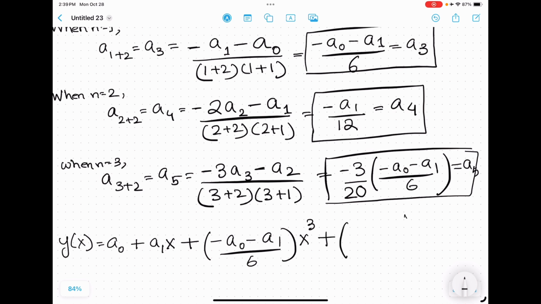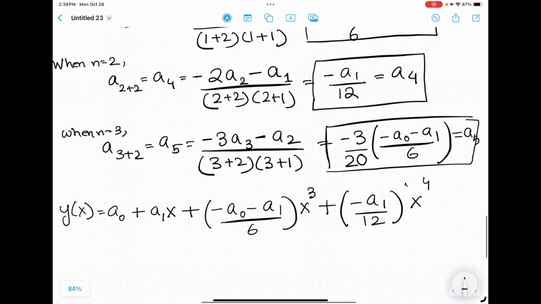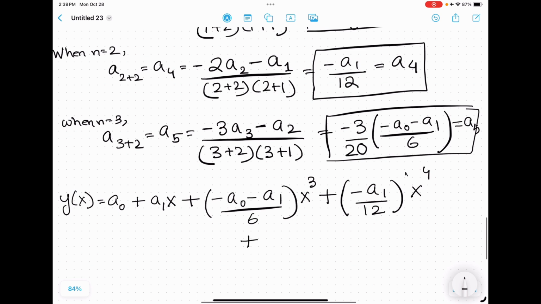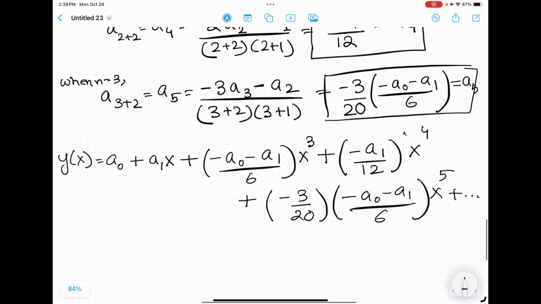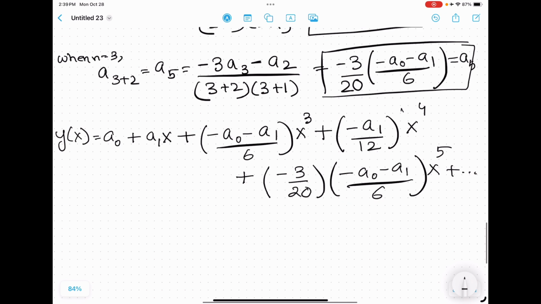Then my a sub 4, which is negative a sub 1 divided by 12 times x to the power 4. And then my a sub 5, which is 3 divided by 20 times negative a sub 0 minus a sub 1 divided by 6 times x to the power 5, and so on. So there are 5 terms, just like our question asked.